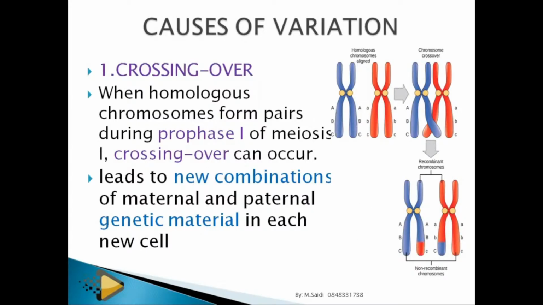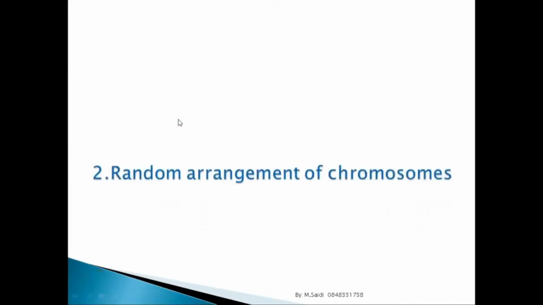Then these cells will have different genetic material compared to the parents. So you will have some characters from the father, some characters from the mother, but not all characters will be exactly the same as the father's. So crossing over helps in bringing about variation.